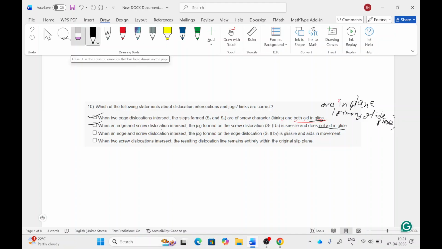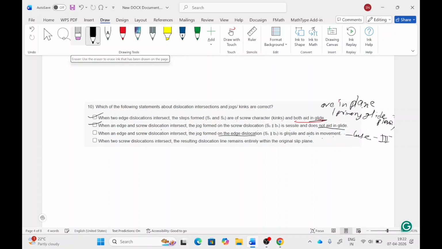Third option says when an edge and a screw dislocation intersect, the jog formed on the edge dislocation is glissile and adds in movement. So in this condition, the jog formed on the edge dislocation, this is case 3.